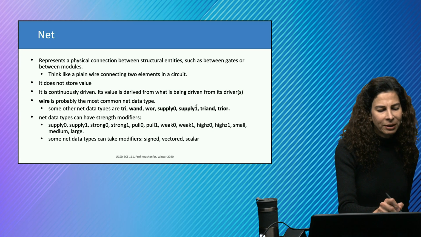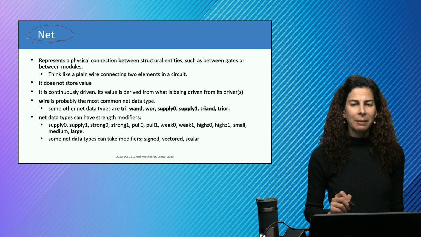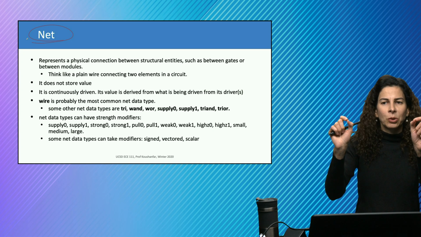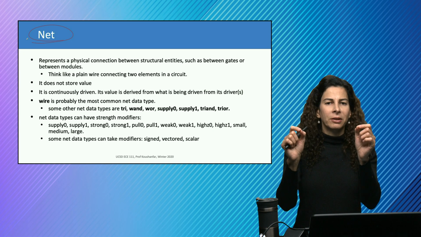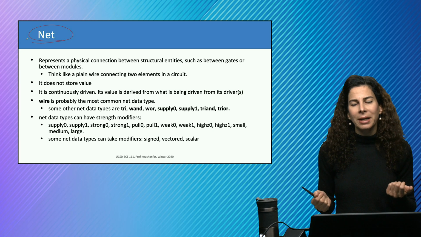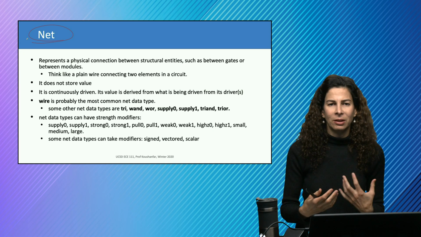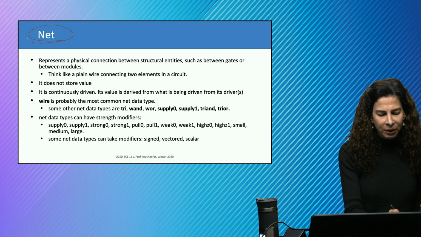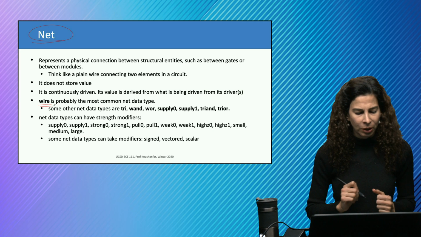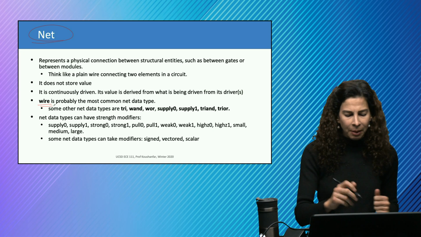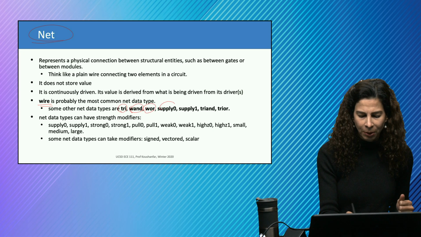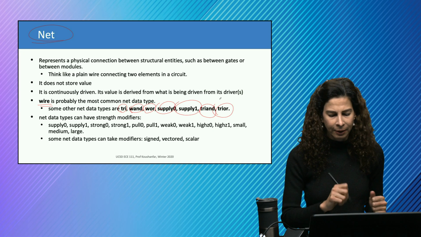Let's see more details about the net data type. It's basically a net as you would describe it. It's a wire connection, and that's why it doesn't store any value. It is continuously driven. The wire construct is the most common type of a net, but there are other types of nets that we could define in System Verilog.